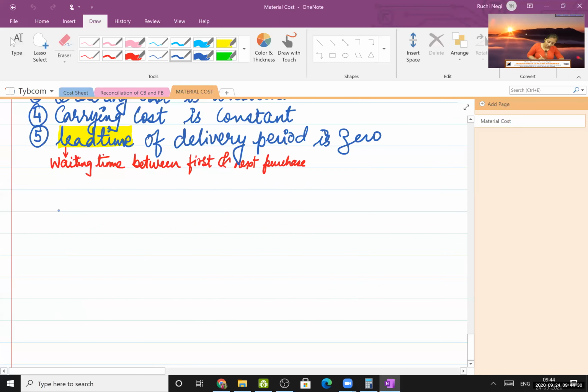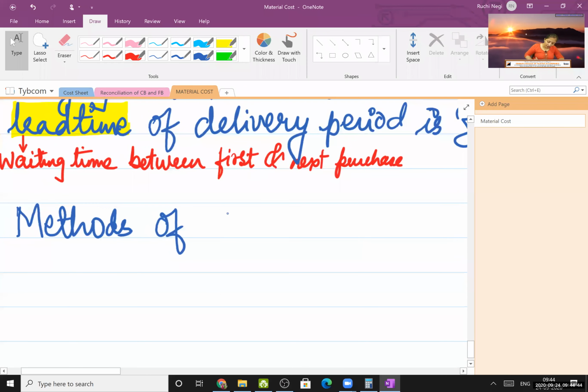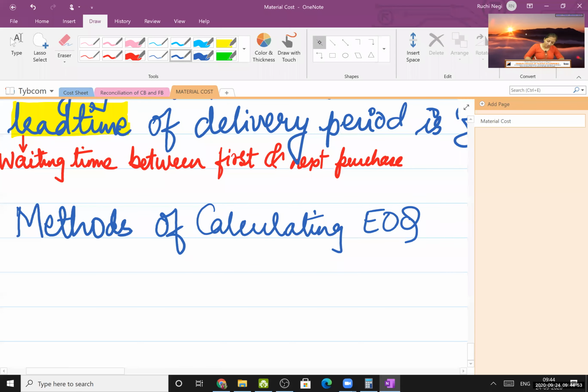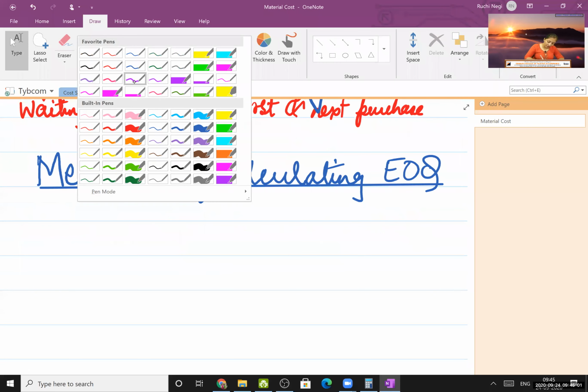So, methods of calculating EOQ. Okay. So actually there are three methods.